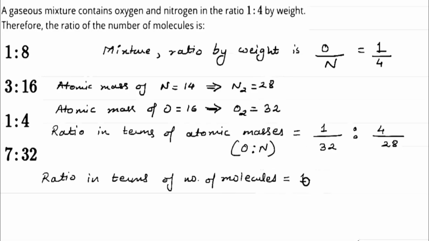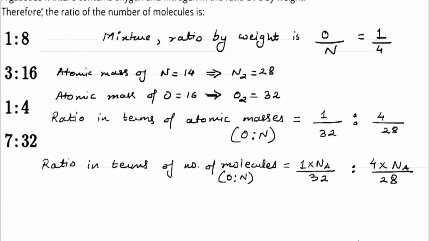So it's going to be 1 into Na upon 32 is to 4 into Na upon 28. Again, that would be for oxygen is to nitrogen. Now, we know well that number of molecules is number of moles into Na. The actual number of molecules which we have to find out in the given ratio.